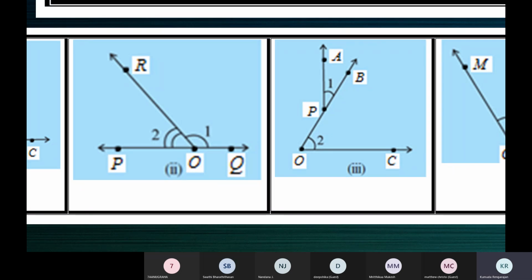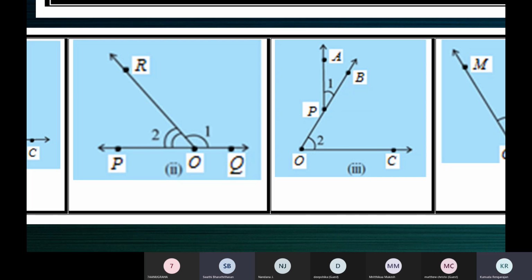How do you name angle 1, Swati? Ma'am, you're asking angles or rays? Angle 1. How do you name angle 1? Ma'am, it's like APB or BPA. Yeah, so which is the vertex? Which is the letter that comes in the middle?